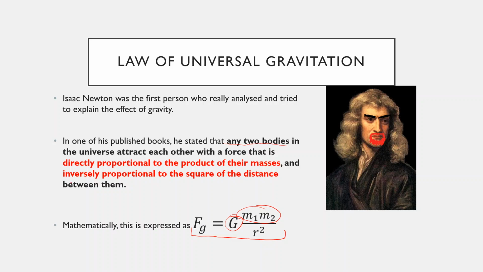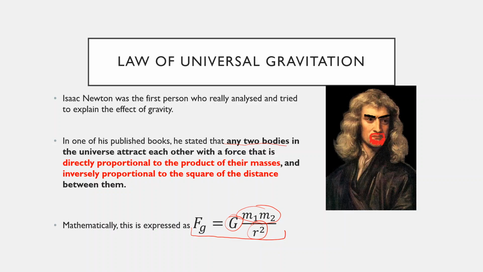Okay, but it is also inversely proportional to the square of their distance. So we need to divide all of this by the distance between them squared. Okay. We've already seen this inverse proportionality pop up when we looked at how we calculate the gravitational field. So you should be familiar with that.